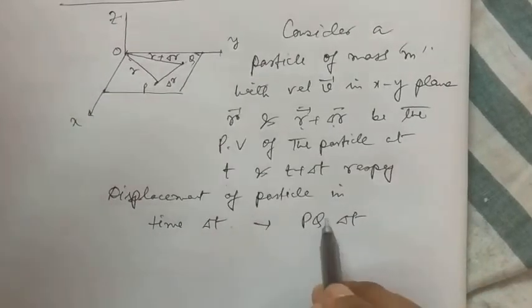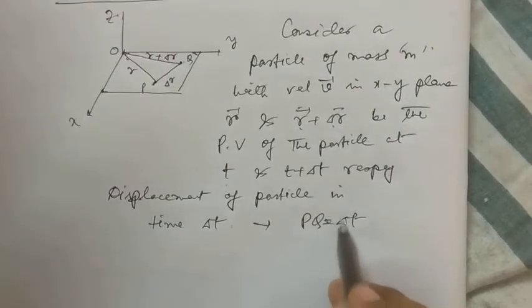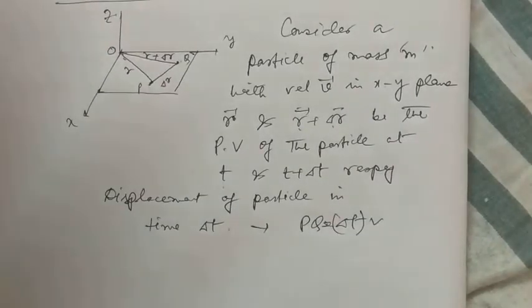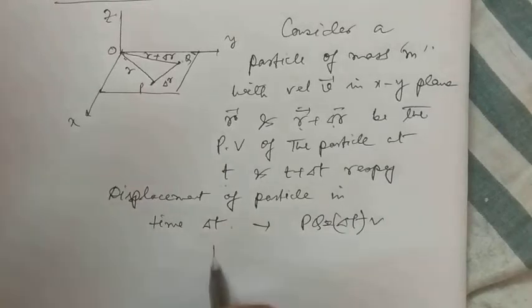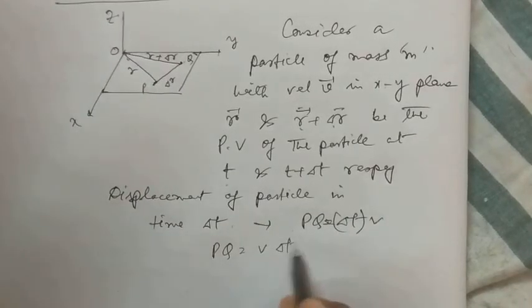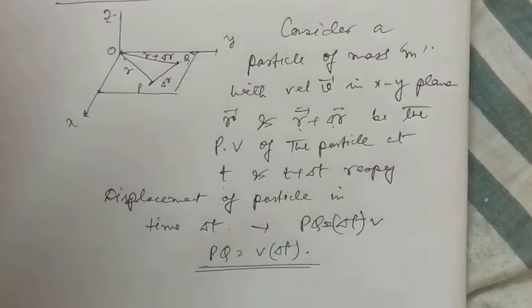In time delta t, PQ is the displacement, so delta t into v, so PQ is equal to v delta t. So the value of the displacement, that is PQ, we have found to be v into delta t.